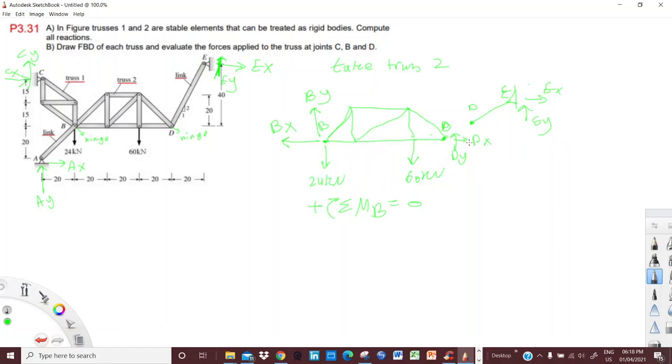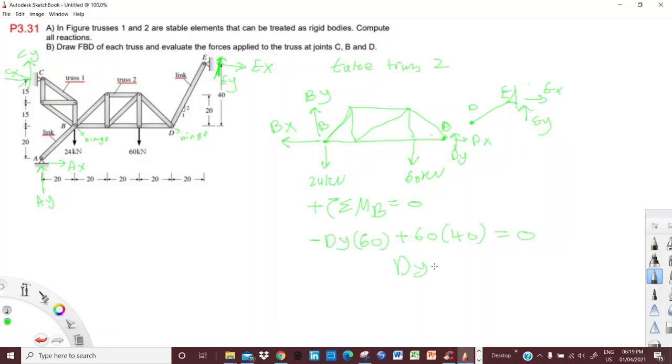So I will go with By times its perpendicular distance, which is 20 plus 20 times 3, which is 60. So minus 60 times Dy, since it's counterclockwise, plus 60 times 40. Summation at D equal to 0.